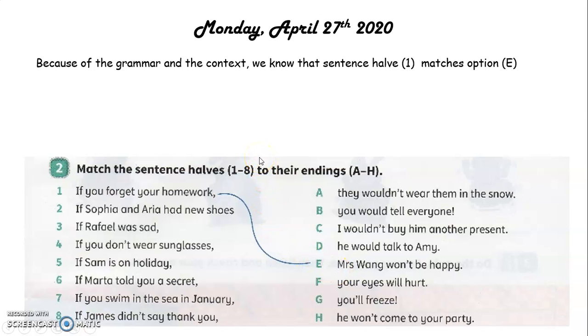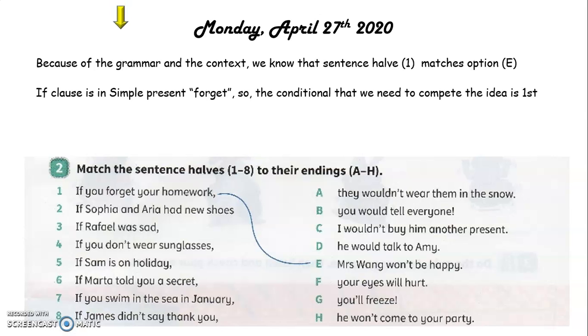So let's see how we get to this guess. First, we can see the tense in the if clause. It is not the past, it is the present. So with that, I know that I'm working with the first conditional. If I'm working with the first conditional, what do we need in the result clause?